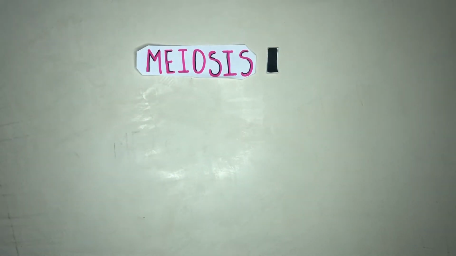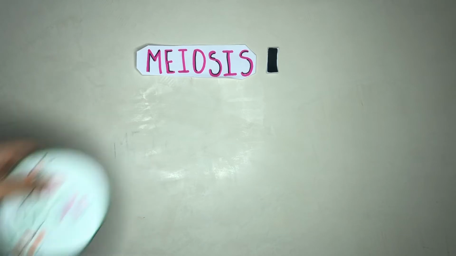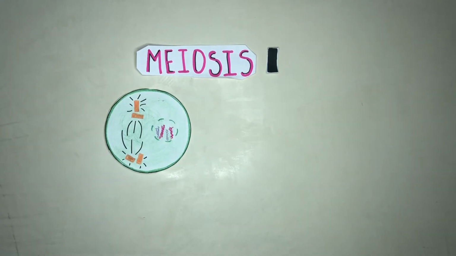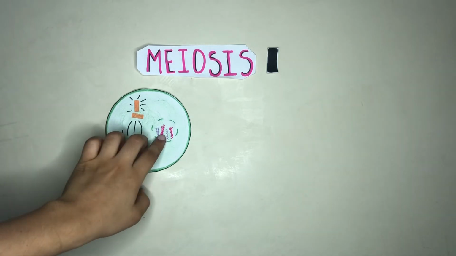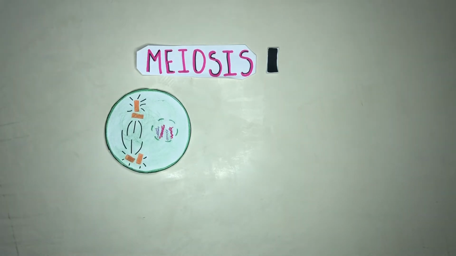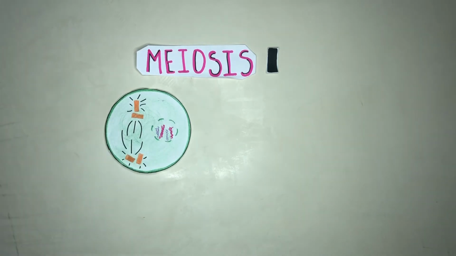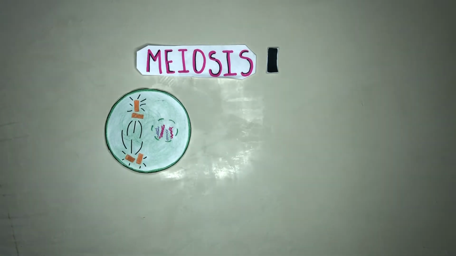I'm going to start with the first phase, which in this case is called the prophase. This is prophase 1. To start the explanation, this is a diploid cell, so we start meiosis with a diploid cell. These are homologous chromosomes. They are shown here as pink and purple to differentiate each chromosome.